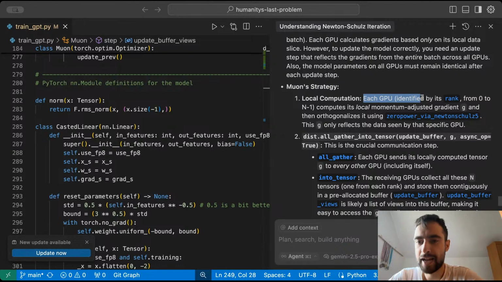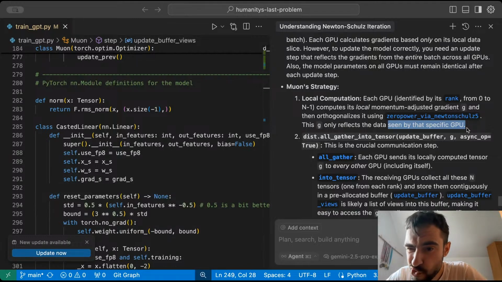Each GPU, identified by its rank from 0 to n minus 1, computes its local momentum-adjusted gradient G and then orthogonalizes it using zeroth power via Newton-Schulz. We were talking about this for 2 hours now, so let's go on. This G only reflects the data seen by that specific GPU, just the mini batch on that GPU.